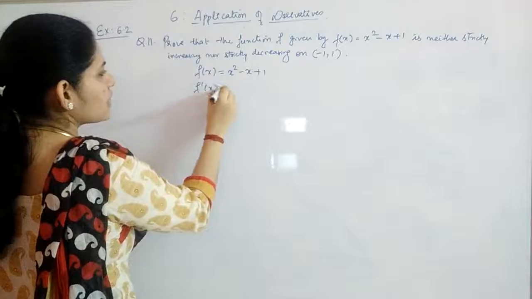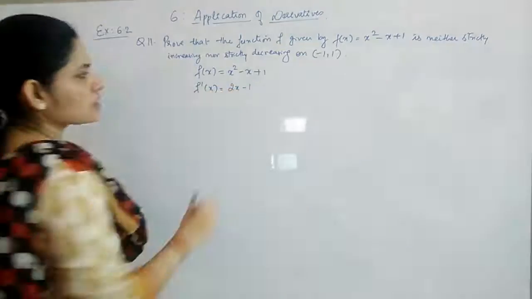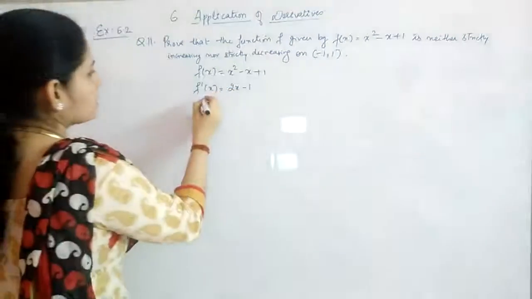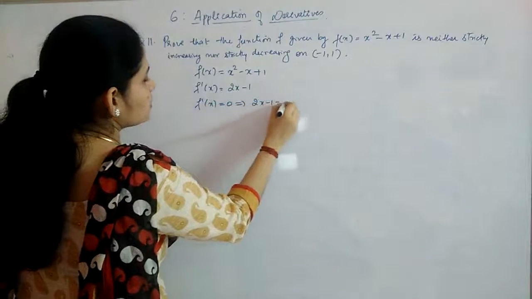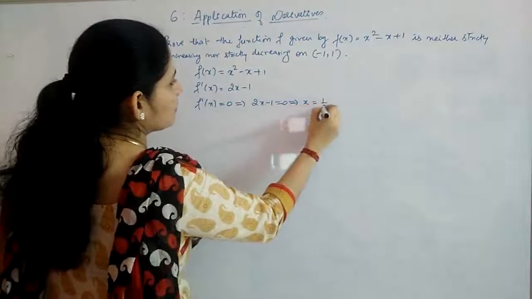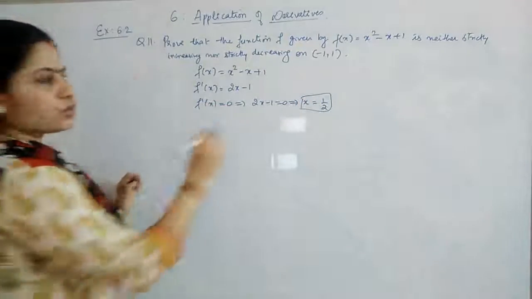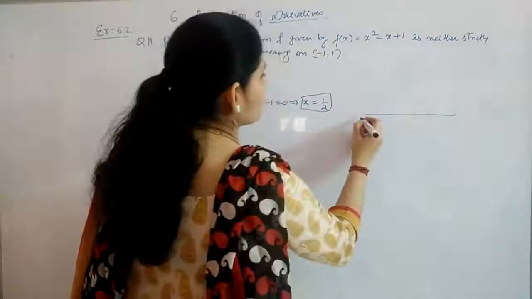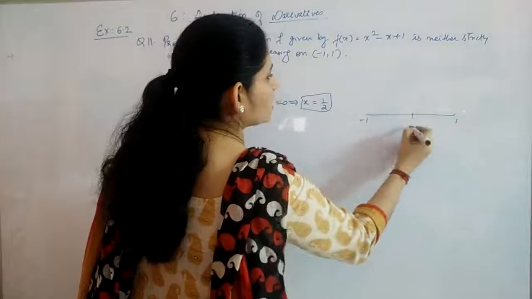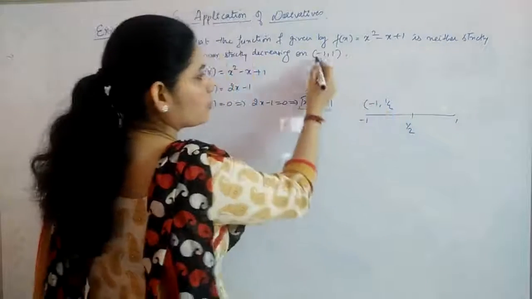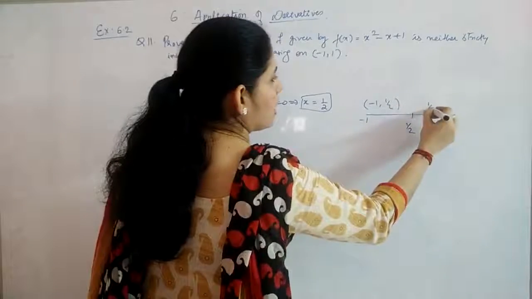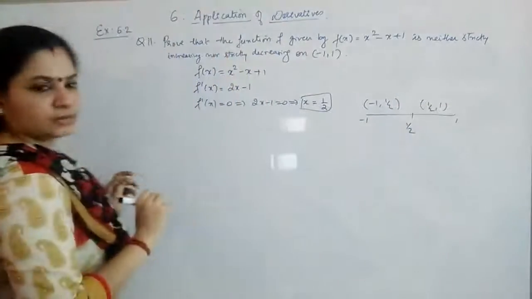What is f dash of x? 2x minus 1. So you are getting f dash of x equal to 0 as 2x minus 1 equal to 0, with x as 1 by 2. So this will break the total interval minus 1, 1 into 2 as minus 1 comma half, again this is open, and half comma 1, okay.